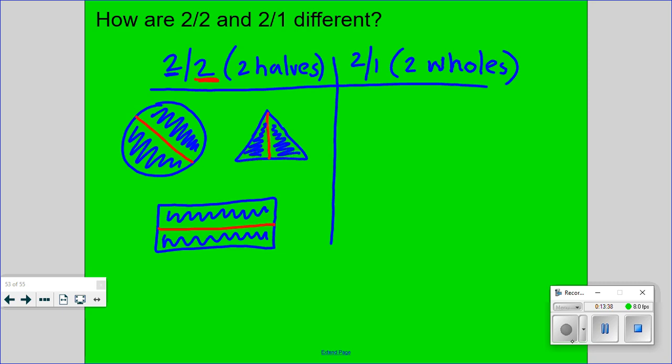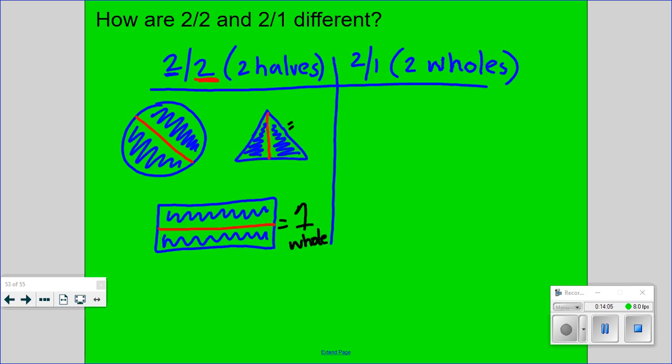I could call it 2 halves, but that's its name already. Is there another name I could call it? Is it 2 wholes? No, it's not 2 wholes. Gwen? 1 whole. It's just equal to 1.